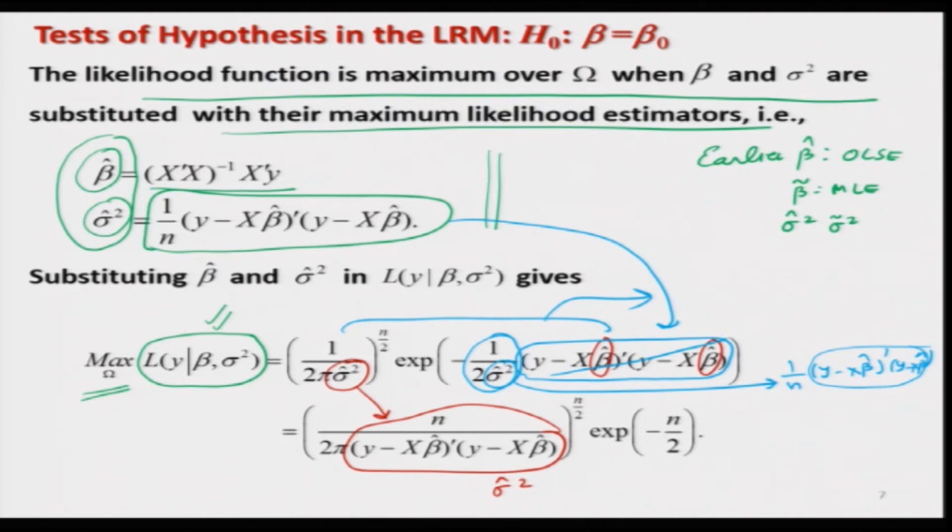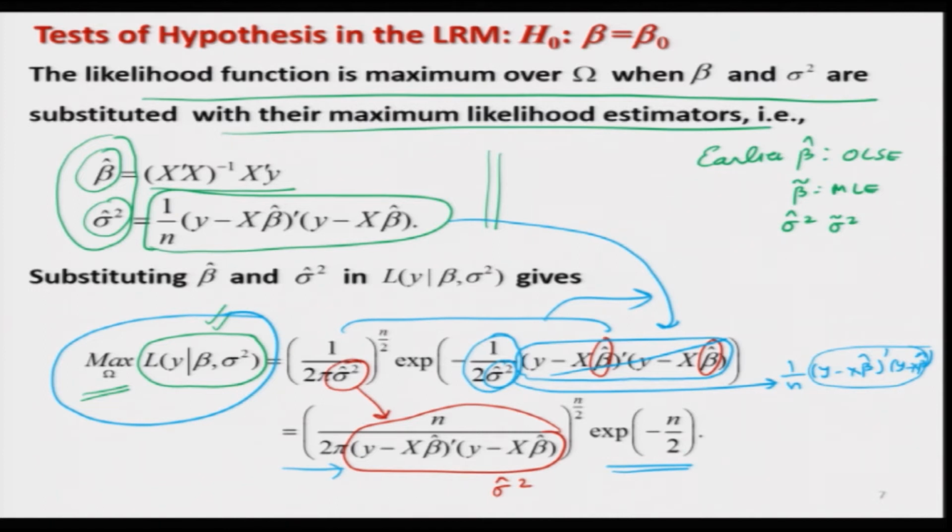So now you will get only the exponent of minus n by 2. Here you have simply substituted the value of sigma square hat. So, you can see that finding this expression is not difficult, and this is going to give you the maximum value of the likelihood function over the whole parametric space.